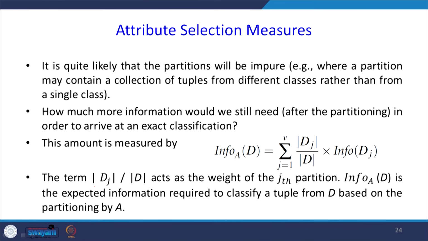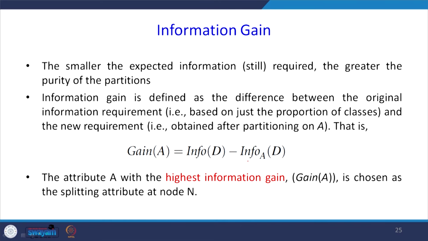The term modulus Dj divided by modulus D acts as the weight of the jth partition. Info D for attribute A is the expected information required to classify a tuple from D based on the partitioning by A. The smaller the expected information required, the greater the purity of the partitions.